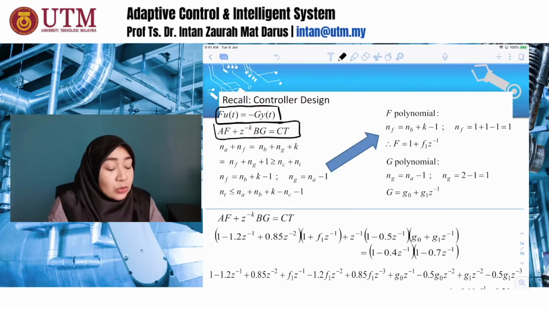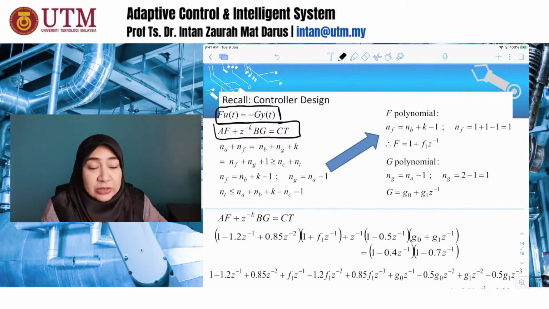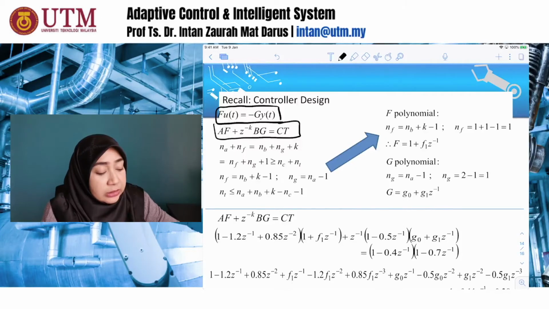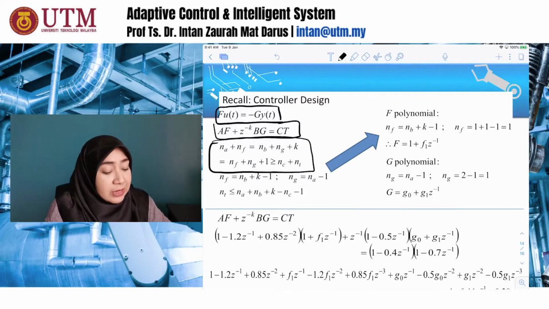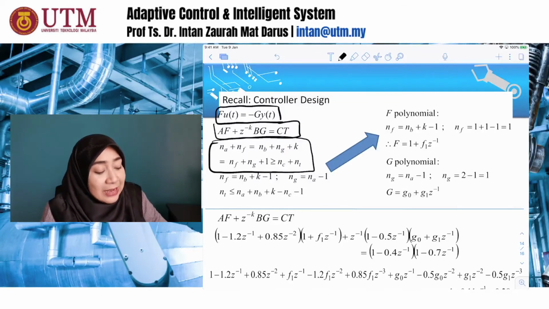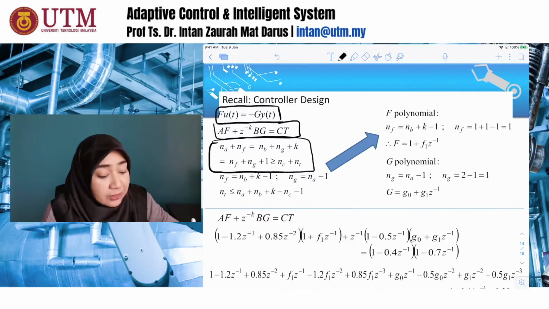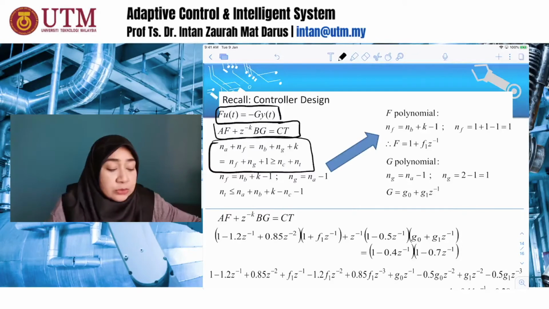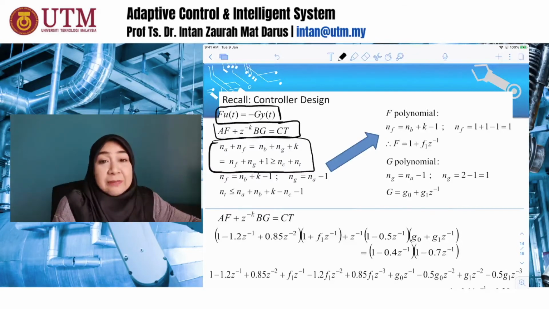To ensure that the system has a unique solution, I have already shown in the previous slide that these are the requirements. From there I have simplified that nf has to be this value here. nf is equal to nb plus k minus 1, and ng is equal to na minus 1.